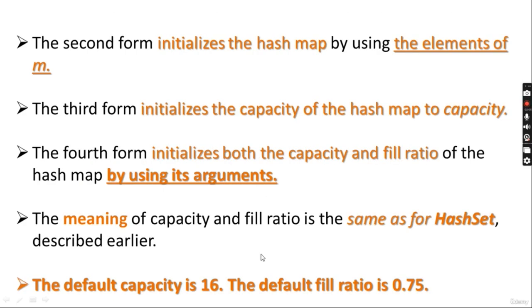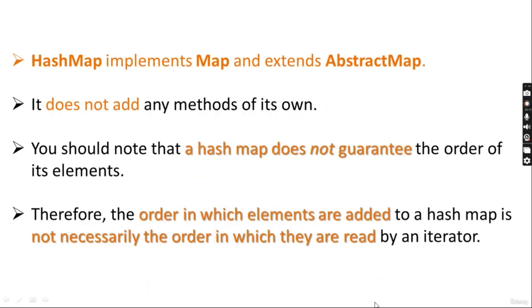The meaning of capacity and fill ratio is the same as for HashSet: the default capacity is 16 and the default fill ratio is 0.75 when the fill ratio is not specified. HashMap implements Map and extends AbstractMap. It does not add any extra methods. HashMap does not guarantee the order of elements.